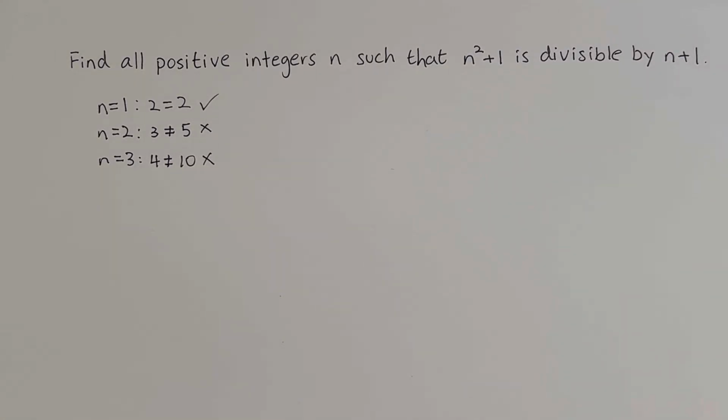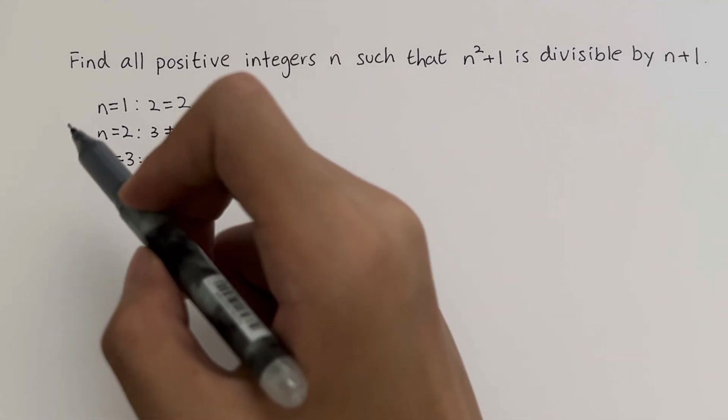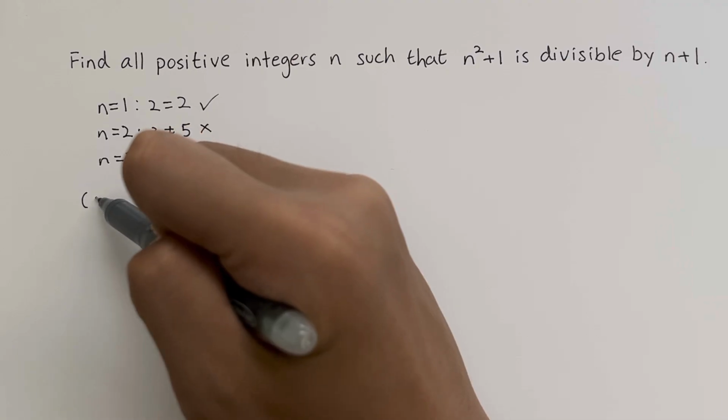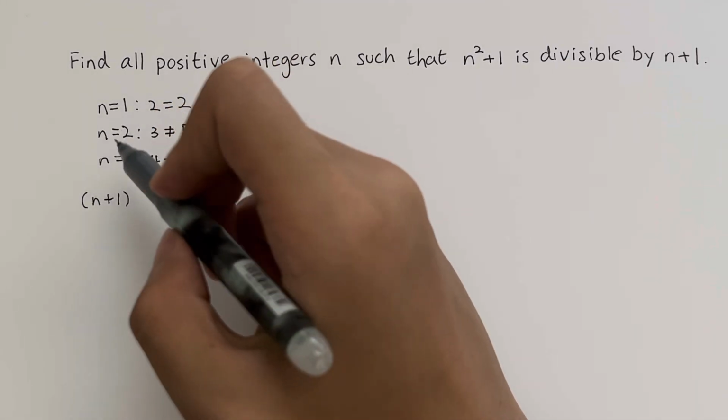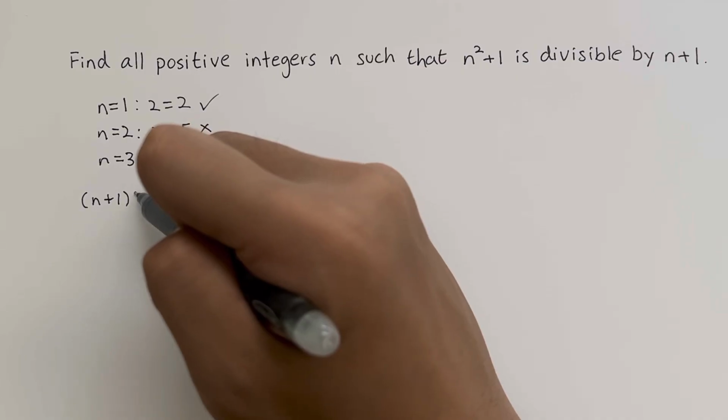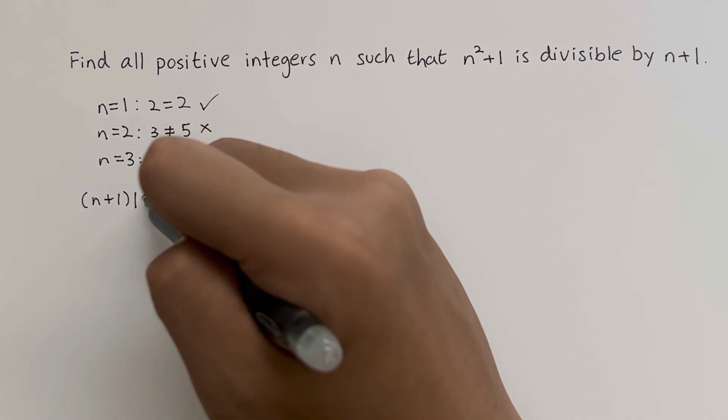Well, the phrase "is divisible by" is a huge hint to the properties of divisibility, or in other words, modular arithmetic. So we are given that n plus 1 is going to be a factor of n squared plus 1.